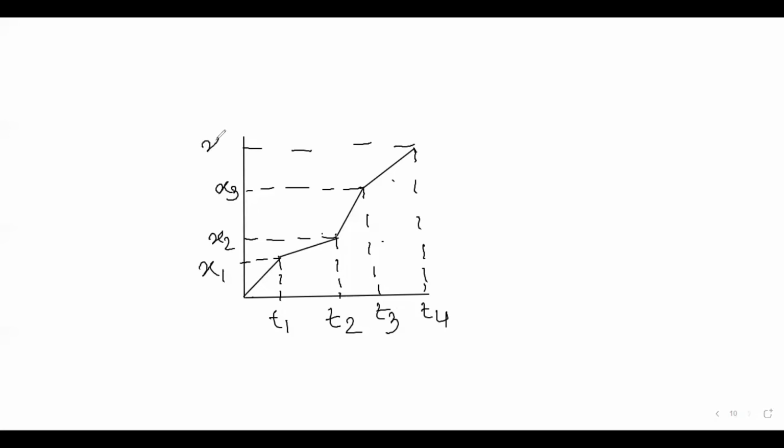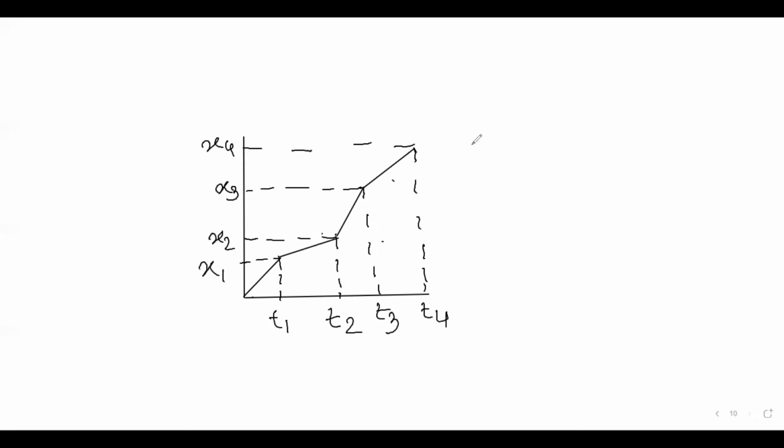Okay, so we have just defined average speed. Average speed is the ratio of the total distance to the total time interval.